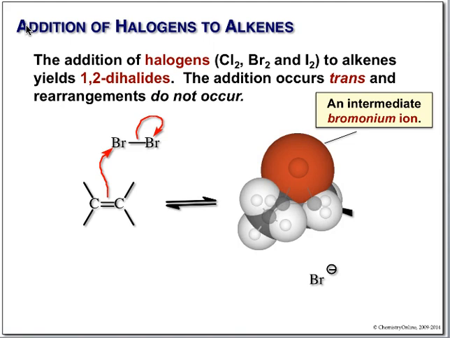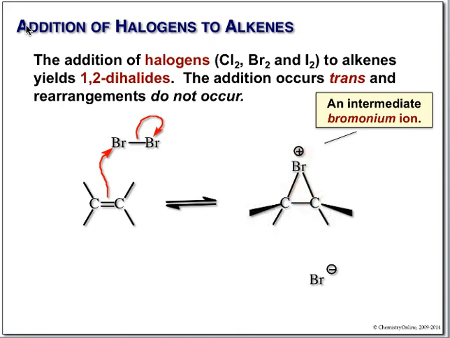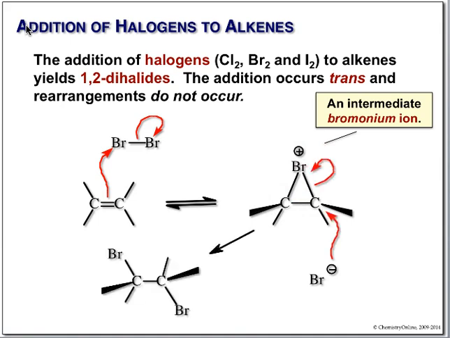The only clear shot it has is to sneak in on the back, opposite the Br plus. So, Br minus attacks this carbon, this bond breaks, and we have our trans 1,2 dibromide. Now that makes sense, doesn't it? Let's look at a little movie.